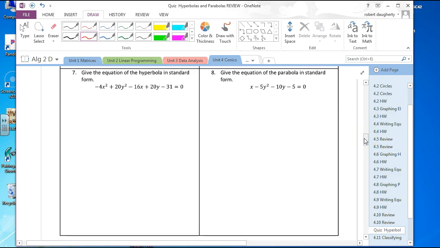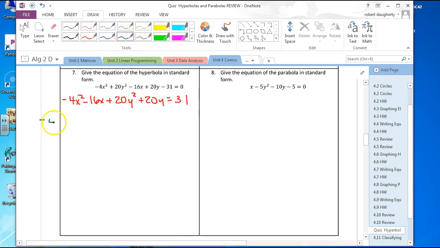Complete the square to get this hyperbola in standard form. So I'm going to have negative 4x squared minus 16x plus 20y squared plus 20y equals 31. I need to factor what's in front of every quadratic.